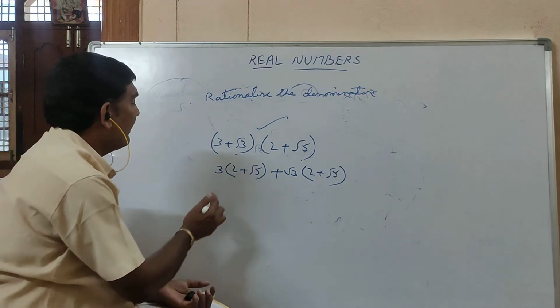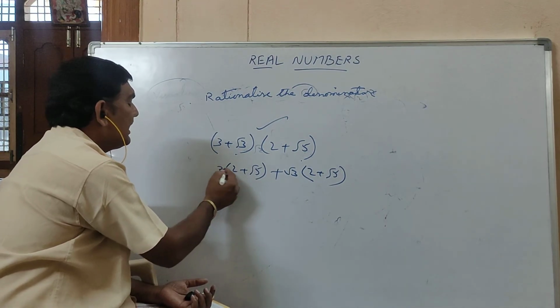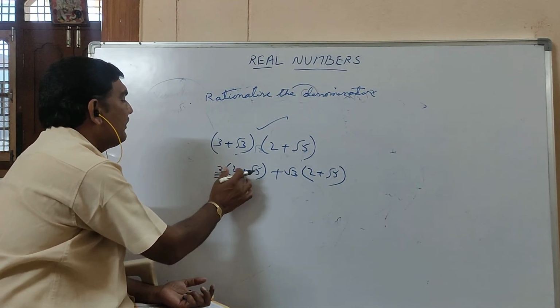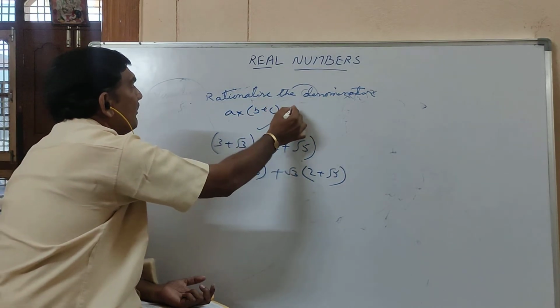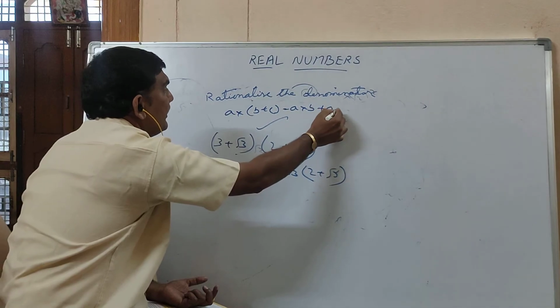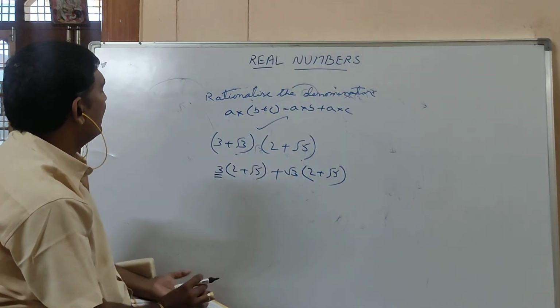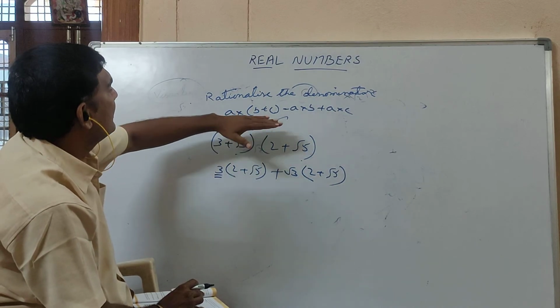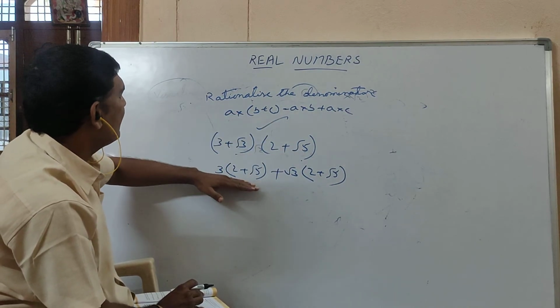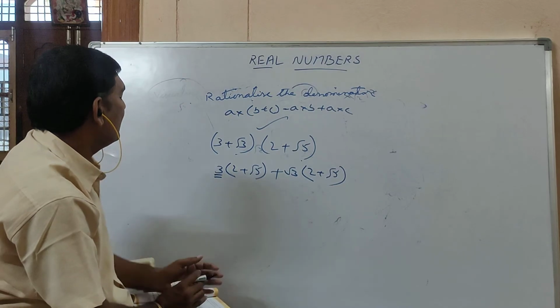Now again, it is like the distributive property. a into b plus c, what is the formula? a into b plus a into c. Isn't it? Same. You get this in 5th class. It is the distributive property. Same here also. You have to apply the same formula.